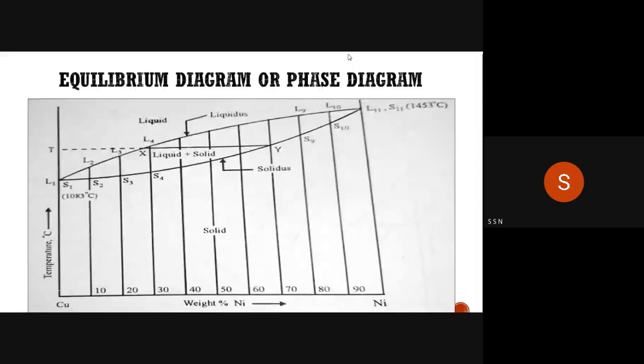Now, this is a cooling curve for the alloy having two metals, copper and nickel, which are completely soluble in each other, in the liquid phase as well as in the solid phase, at different temperatures.